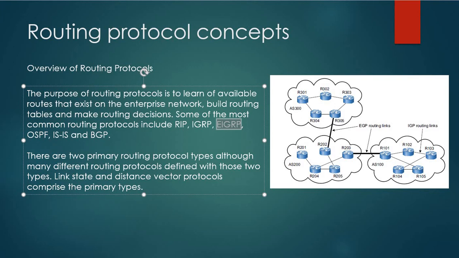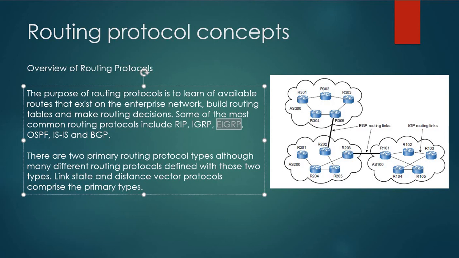EIGRP will route the same protocols that IGRP routes, and uses the same composite metric as IGRP to select the best path to a destination.